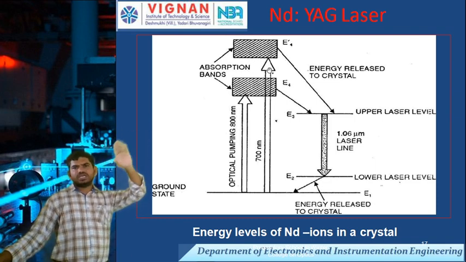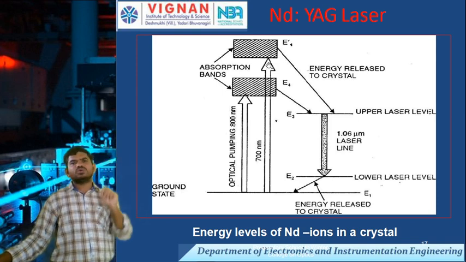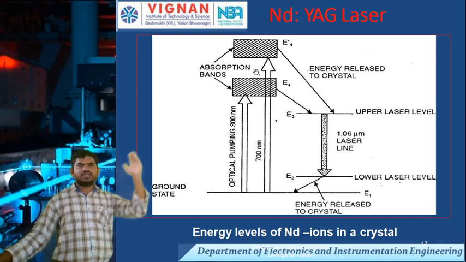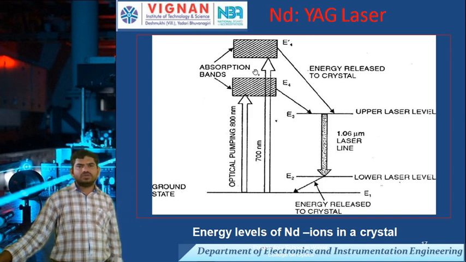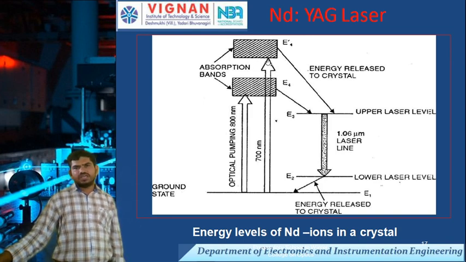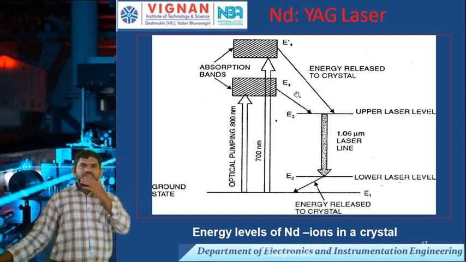It will stay only a small amount of time at the higher level. After that, the ions fall down from E4 dash to E4, and from E4 to E3.